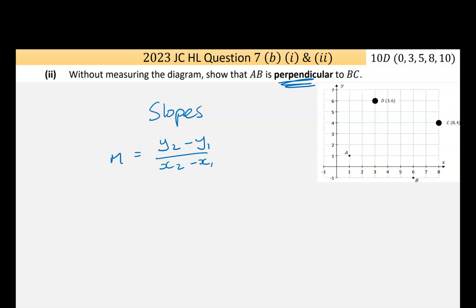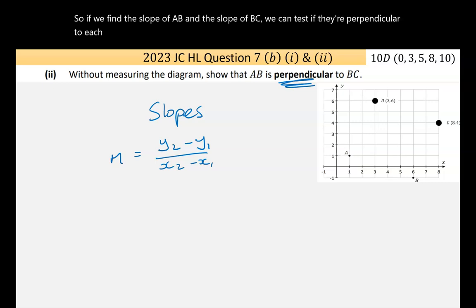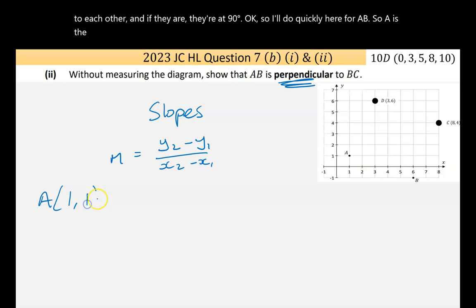So if we find the slope of AB and the slope of BC, we can test if they're perpendicular to each other. And if they are, they're at 90 degrees. Okay. So I'll do it quickly here for AB. A is the point 1, 1. And B is 6 on the x, minus 1 on the y.